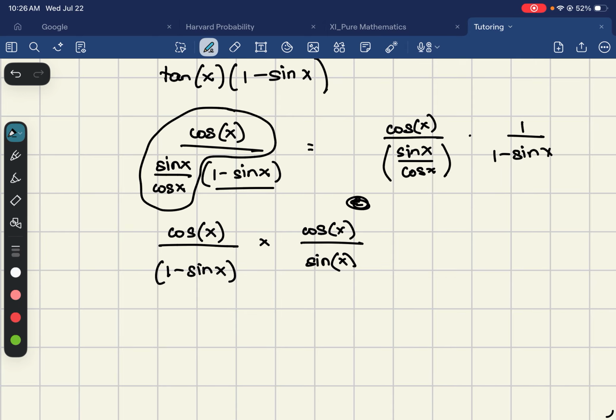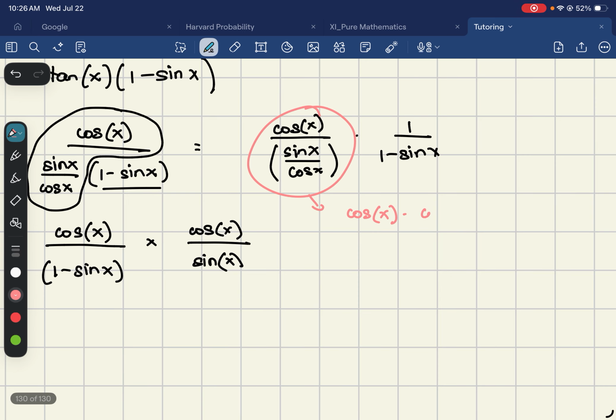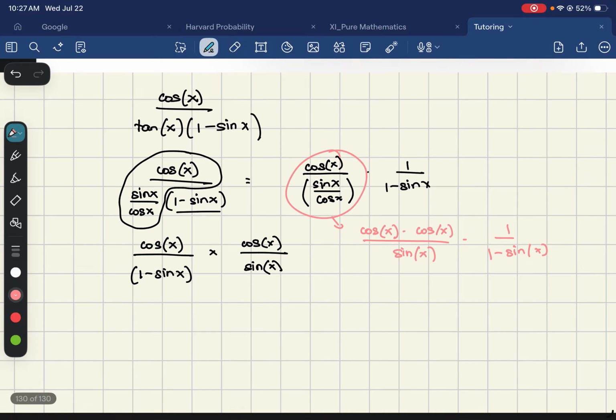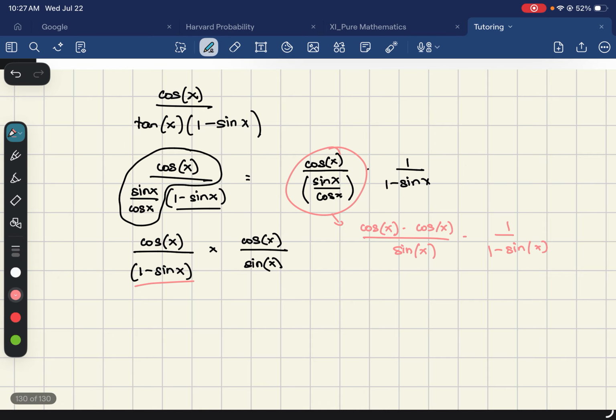And this part, I can think of as cos x times the reciprocal, right? Dividing by a fraction is the same as multiplying by its reciprocal. Cos x over sine x times 1 over 1 minus sine x. All right, and if you put everything together, you get this, as I mentioned before.